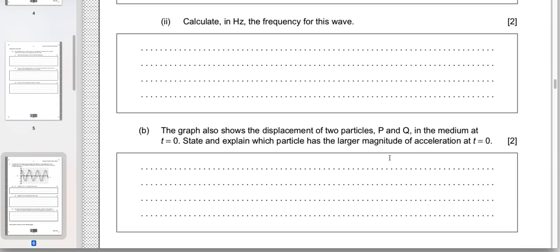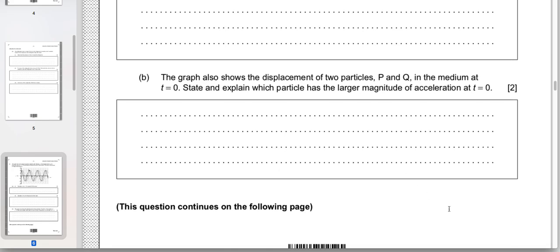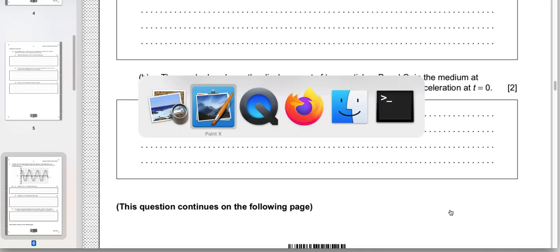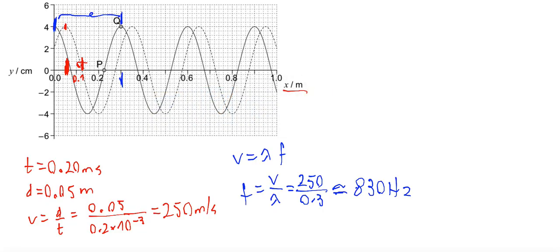Okay, the graph also shows the displacement of two particles P and Q in the medium at t equals 0. State and explain which particle has the larger magnitude of acceleration. Okay, P is here. Displacement of P is equal to 0 centimeters.